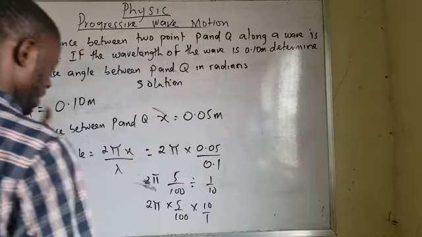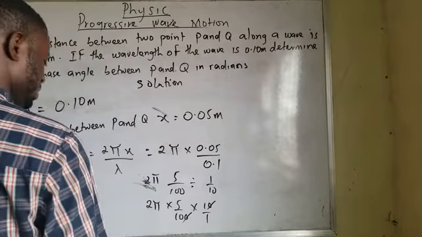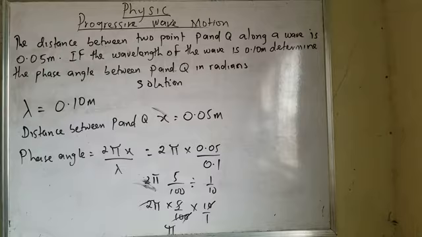Now I can start dividing. This will cancel this, and this one will be here and here. Now my answer becomes pi. That is my answer, because 2 times 5 is 10, and 10 divided by 10 becomes 1 lambda. Can you see?